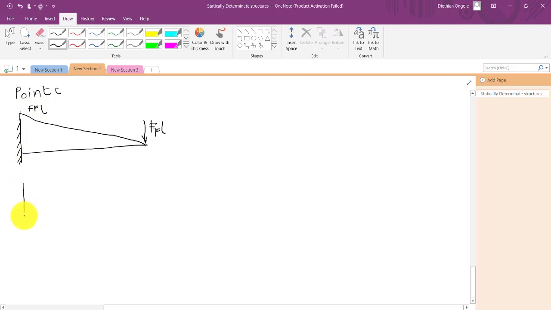Then they wanted us to find the displacement at point C, so we add a unit force, Fp equal to 1, at the point whose displacement is required. Then we draw its bending moment diagram. It would be of this nature, but now the magnitude of moment would be a half of L.